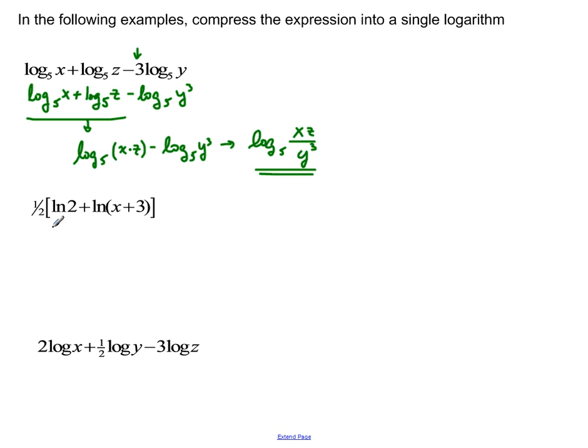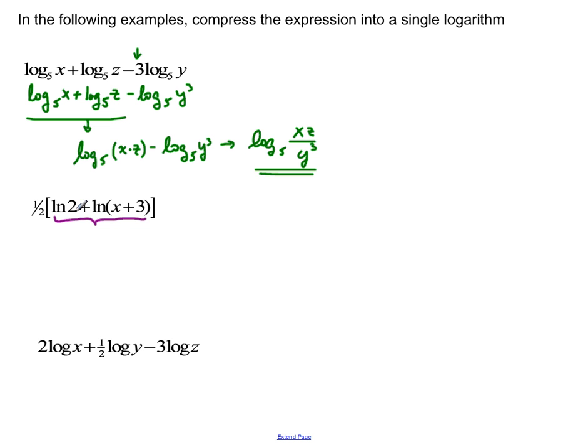All right, how about something like this next one? It looks kind of awful. Well, yes and no. In fact, it's actually pretty easy if we remember, just like in most algebraic expressions, what you should try to do is work from the inside to the outside. So let's just concentrate on these two terms inside of our brackets.